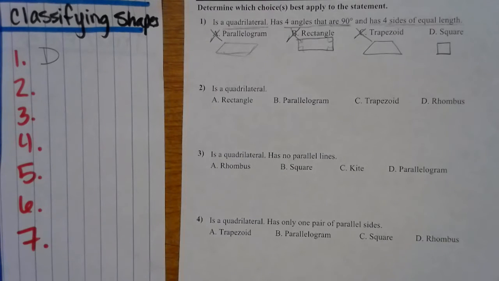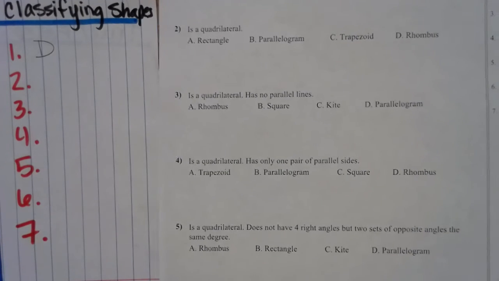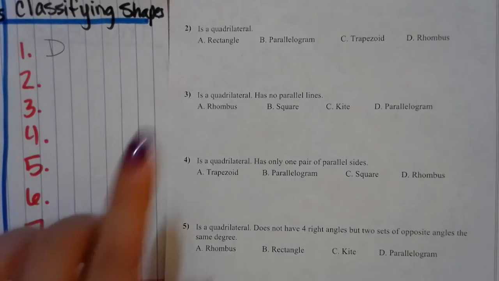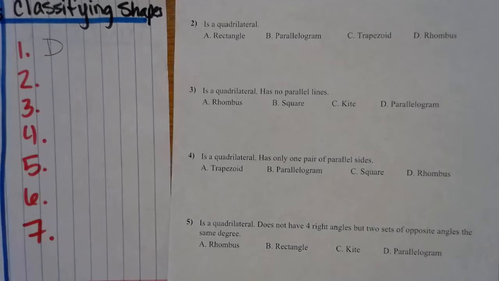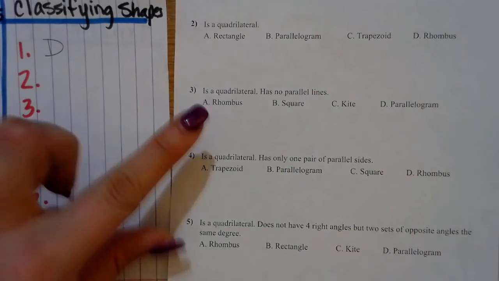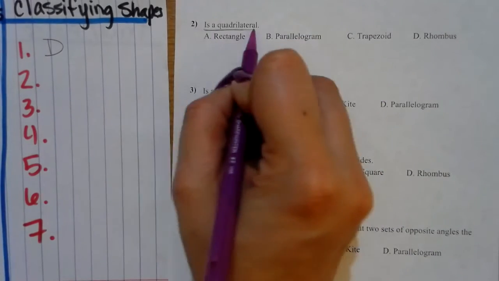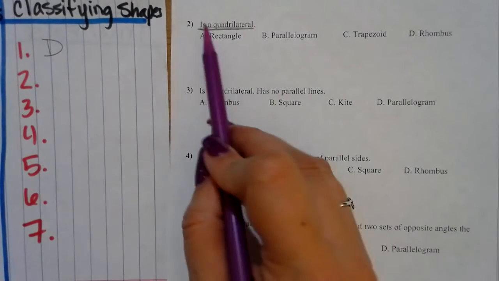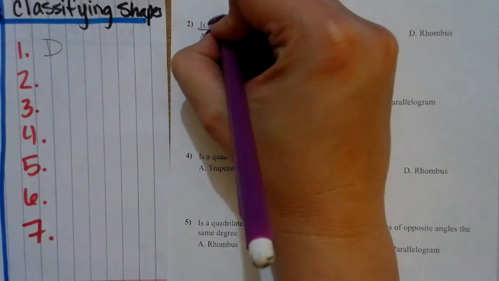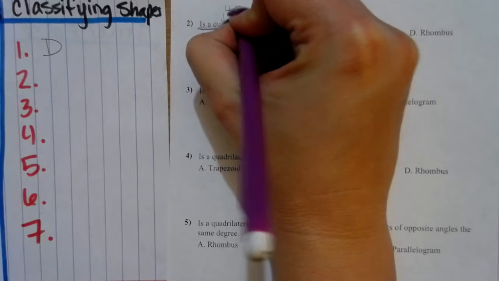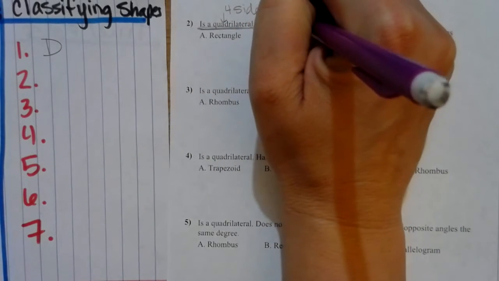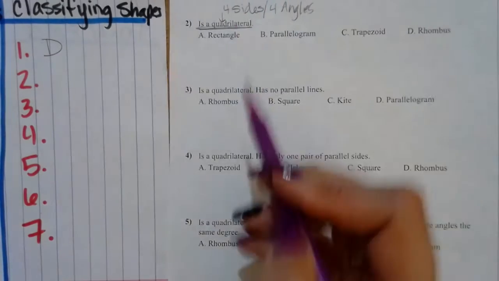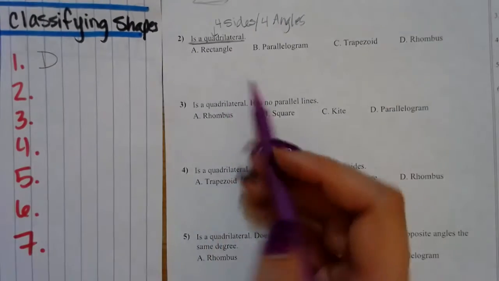Okay. Number 2, again, you may have one answer, you may have all 4 of them as the answer. You may have 2 choices that are the answer. You are finding all the answers that fit the rule. So it is a quadrilateral. Quad means 4 sides. Okay, so it has 4 sides and 4 angles. So does a rectangle have 4 sides and 4 angles?